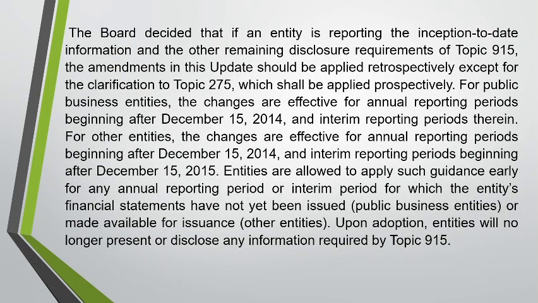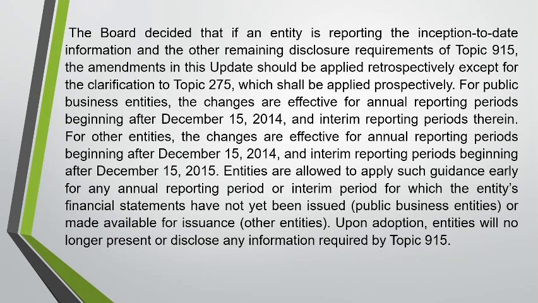The board decided that if an entity is reporting inception-to-date information or other remaining disclosure, the amendments in this update should be applied retrospectively, except for the clarification on Topic 275, which shall be applied prospectively. For public business entities, the changes are effective for annual reporting periods beginning after December 15, 2014, and interim reporting periods therein.